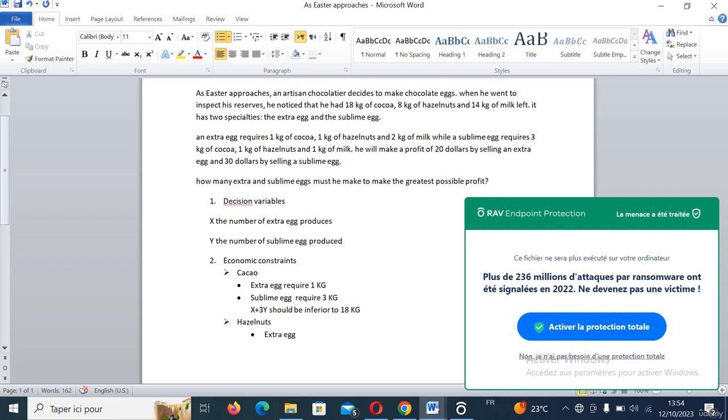The extra egg requires 1 kilogram, and the same thing for the sublime egg. That means x plus y should be inferior to 8, because we have 8 kilograms of hazelnuts.